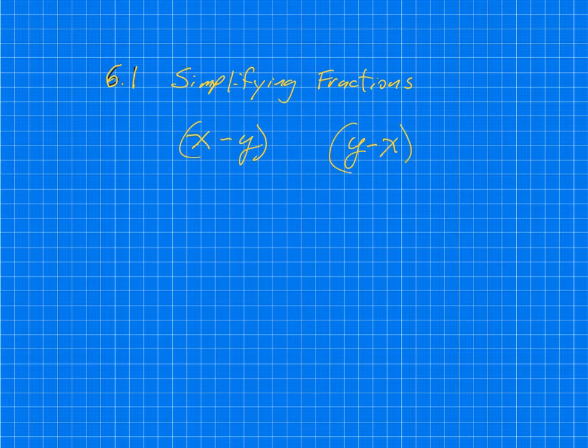As you can see, the x from one binomial to the other has become negative. So we have a positive becoming a negative, and the negative y becomes positive. What we say is that these are opposites. The x on the second one is opposite the first one, and the y is also opposite the other one.